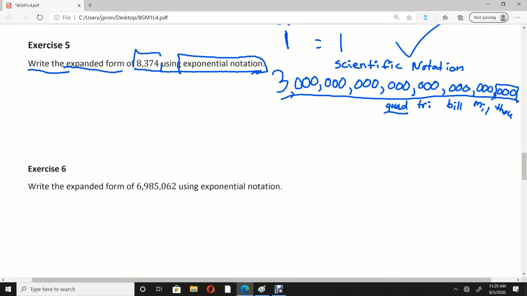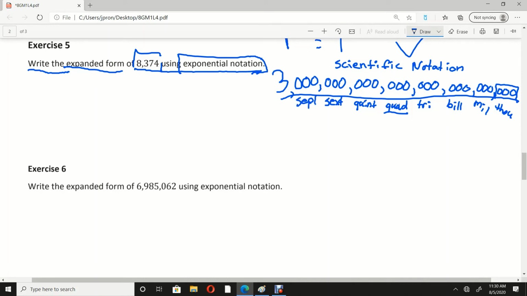Quad, for those of you who know a little bit about Latin, it's the 4th, right? So this one is going to be quintillion. So anything after this comma is quintillion. Anything after this comma is sextillion. Sextillion, 6. Anything after this comma is septillion. So here we have 3 septillion as a number written out.